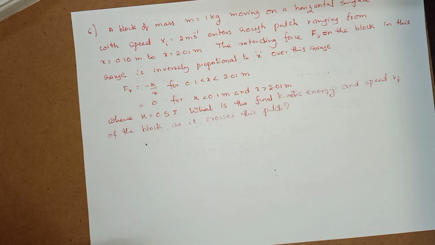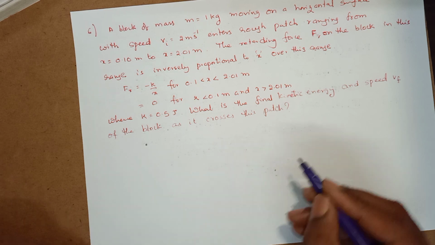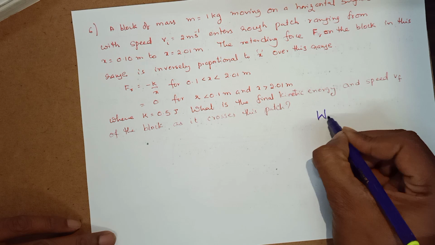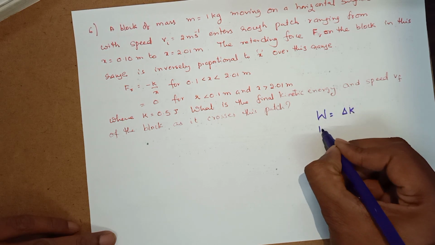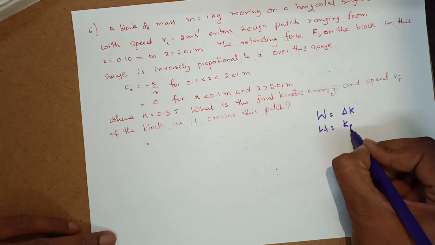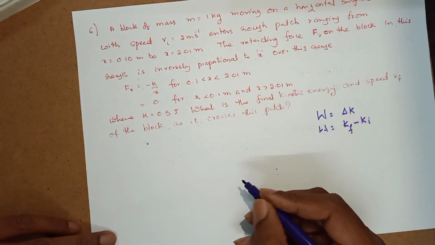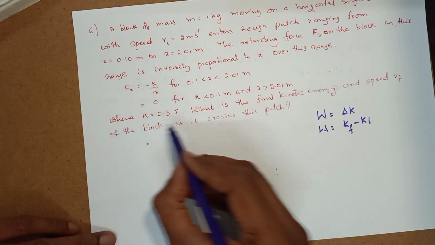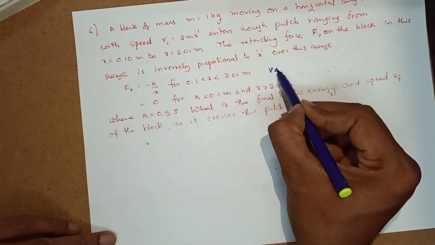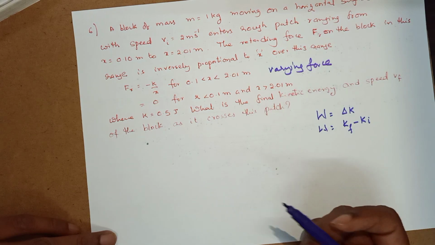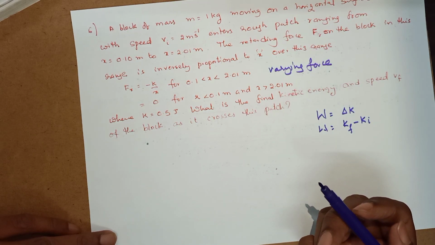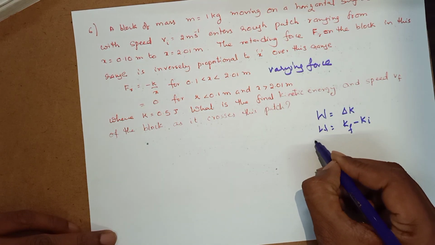How to calculate final kinetic energy? Work done by the force is equal to delta K. So delta K is equal to K final minus K initial. Here this is called a varying force. Now how to calculate the work by a varying force?